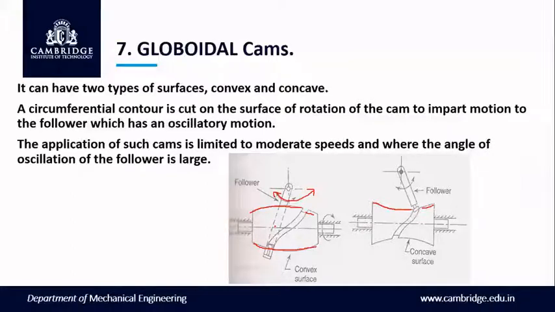The application is limited to moderate, because we can use this for moderate speed, not for high speed, and it depends upon the angle of oscillation of the follower. As the required angle of oscillation of the follower increases, the length of the cylinder also increases. So depending upon the application, we have to decide whether to go for globoidal cams or any other type of cams.